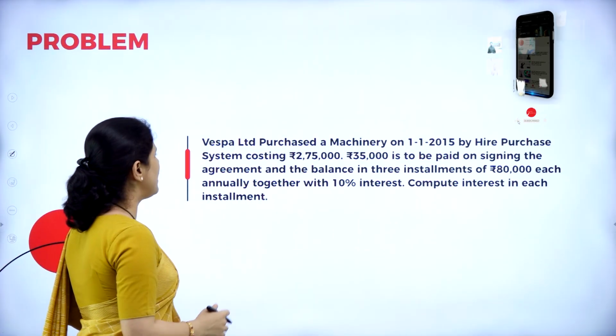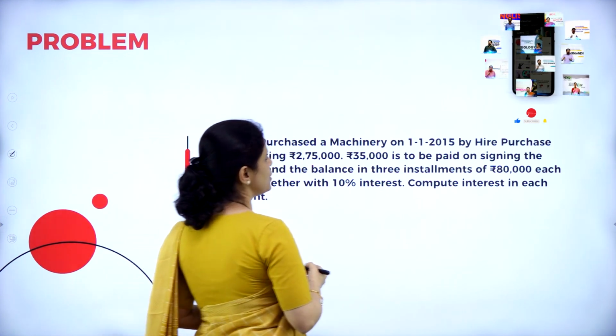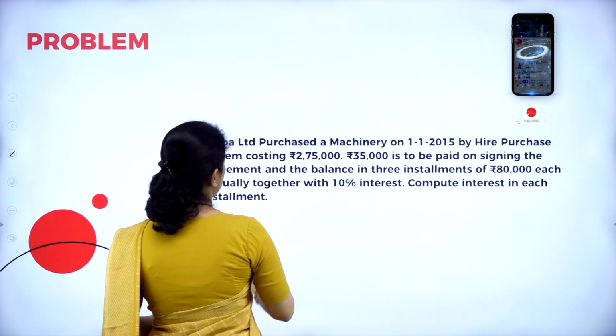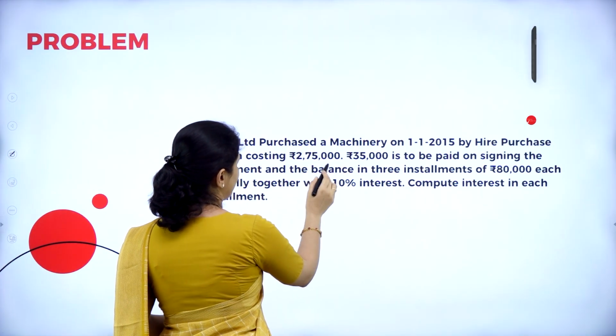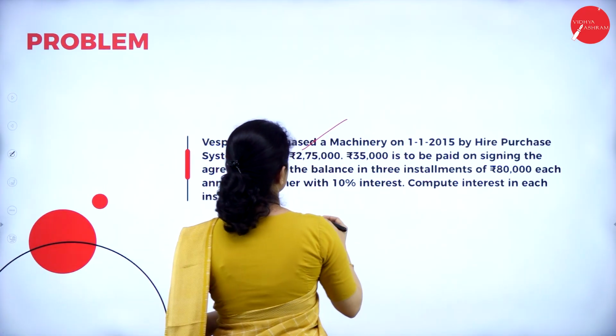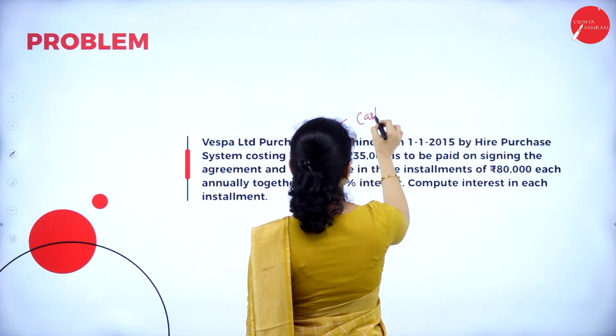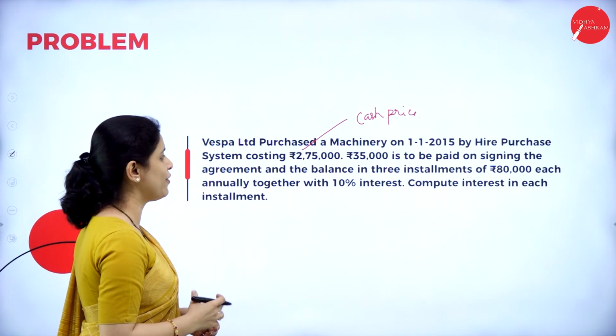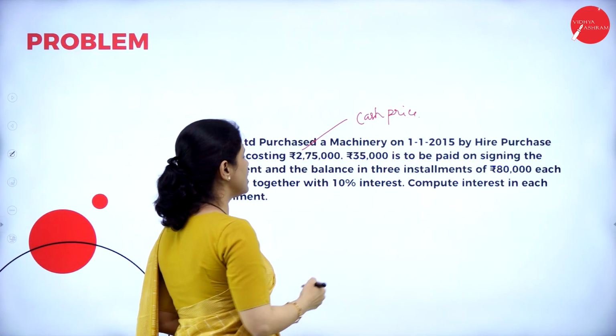Here, Vespa Limited purchased a machinery on 1/1/2015 by hire purchase system costing 2,75,000. So here, this is the cash price. And here, 35,000 is to be paid on signing the agreement.